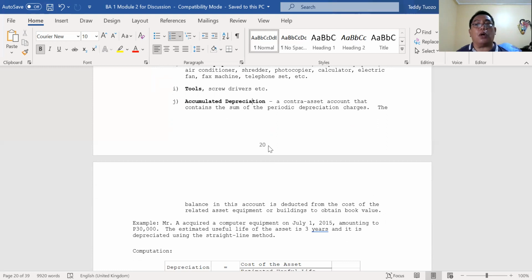Accumulated depreciation is a contra asset account that contains the sum of the periodic depreciation charges. The balance in this account is deducted from the cost of the related asset, equipment, buildings to obtain the net book value or just the book value.